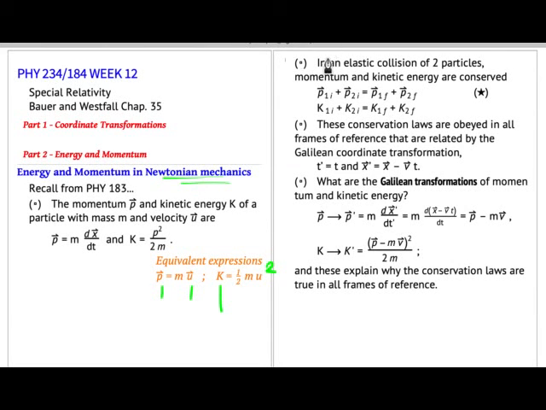Another important fact about momentum and energy is that in elastic collisions, let's say a collision of two particles, momentum and kinetic energy are conserved.